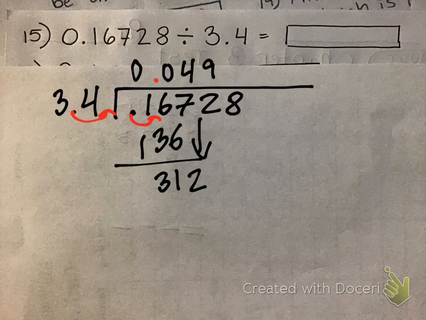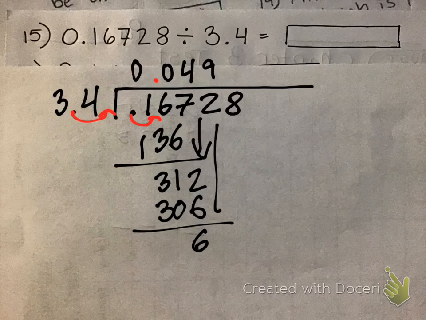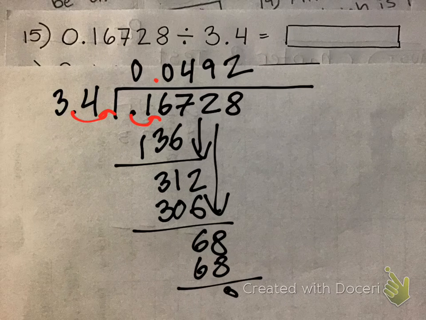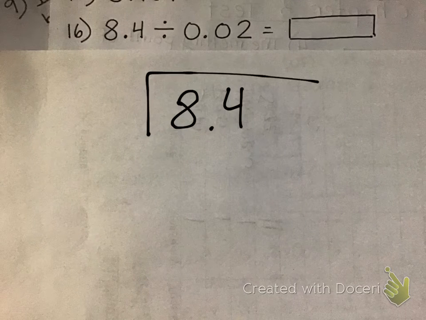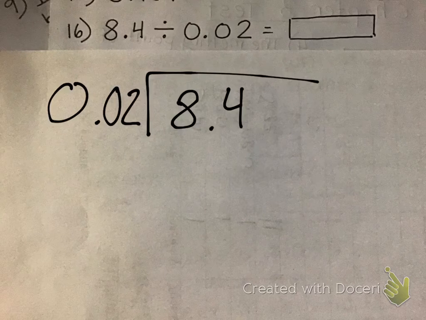That goes in 9 times. 9 times 34 is 306. We get 6. 68, it goes in exactly 2 times. So, we get 0.0492.